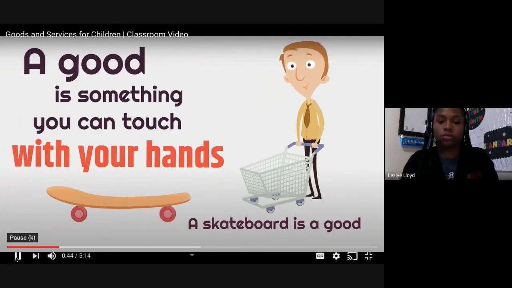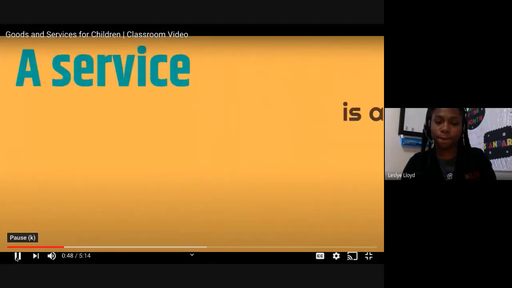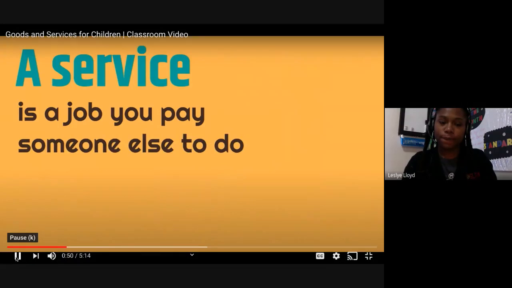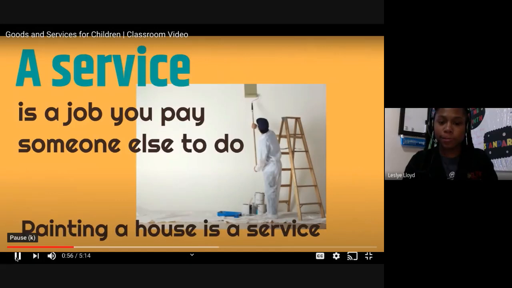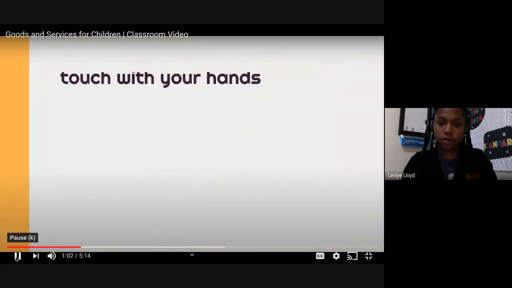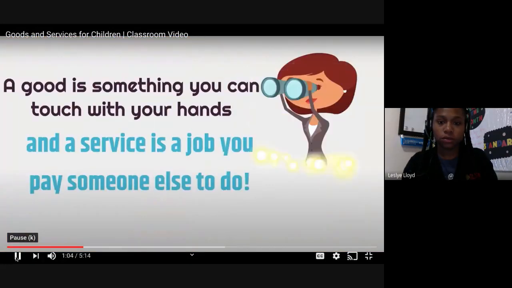It's something you can buy and you can touch with your hands. Now, a service is a job you pay someone else to do. A great example of that is painting a house. Painting a house is a service. It's a job you pay someone else to do. So, a good is something you can touch with your hands, and a service is a job you pay someone else to do.